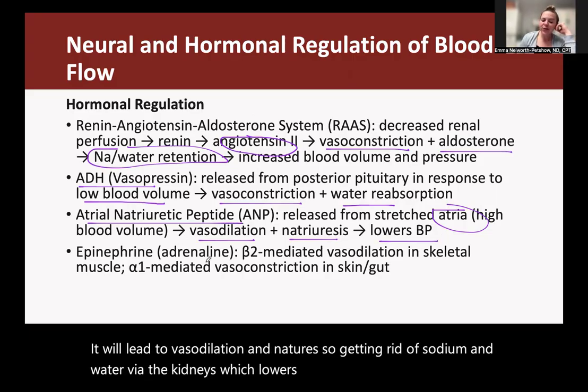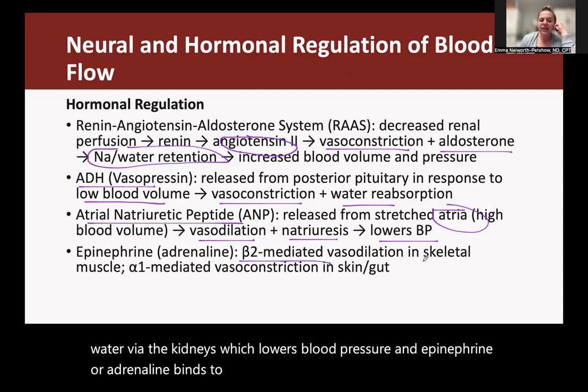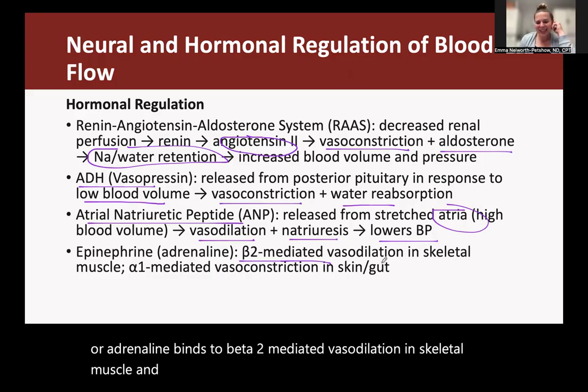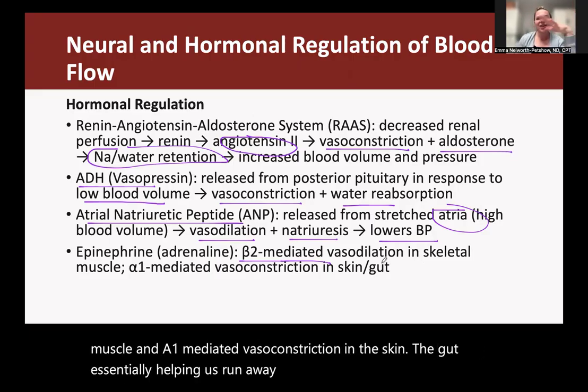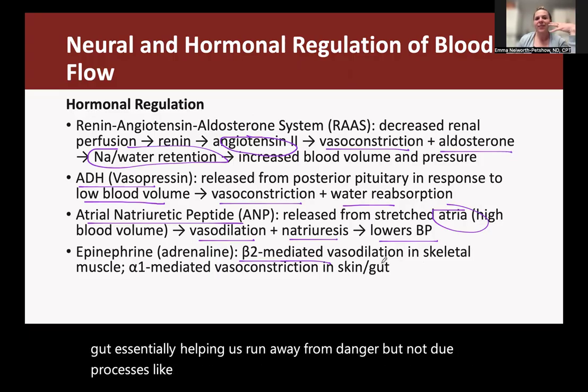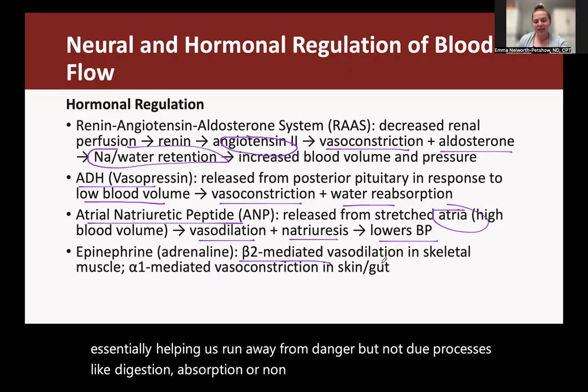And epinephrine or adrenaline binds to cause beta 2 mediated vasodilation in skeletal muscle and alpha 1 mediated vasoconstriction in the skin and the gut, essentially helping us run away from danger, but not do processes like digestion, absorption, or other non-urgent processes in the body.